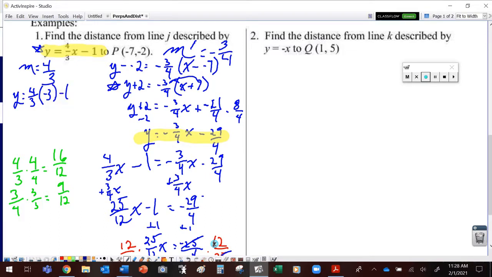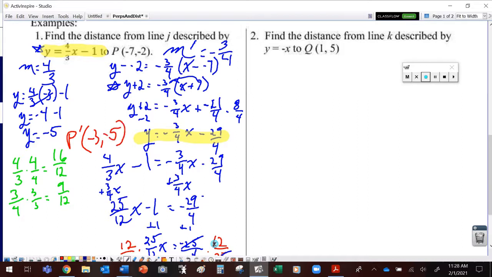Well, 4/3 times negative 3, those 3s cancel, and we get y equals negative 4 minus 1, which means y equals negative 5. So this was a lot of work to find P prime, which is the ordered pair negative 3, negative 5.